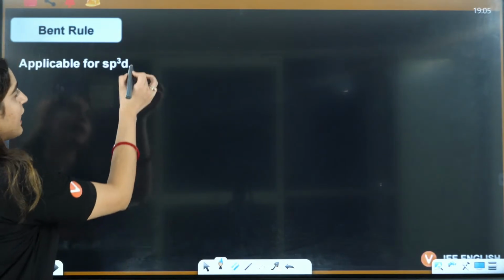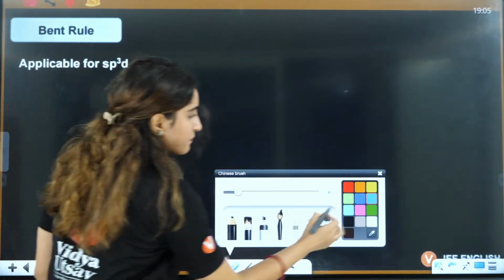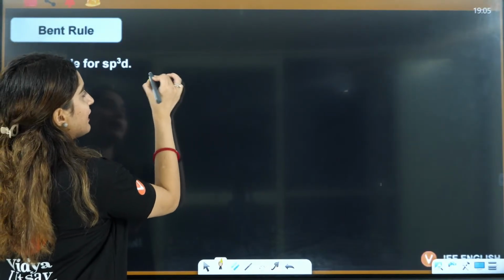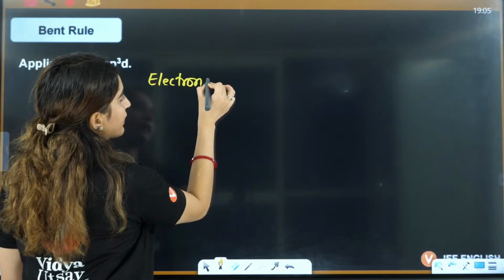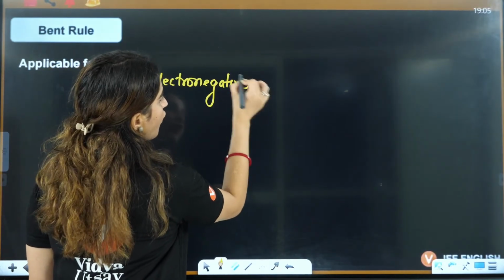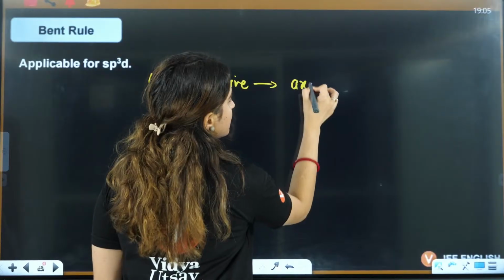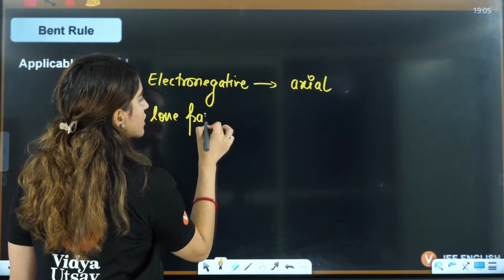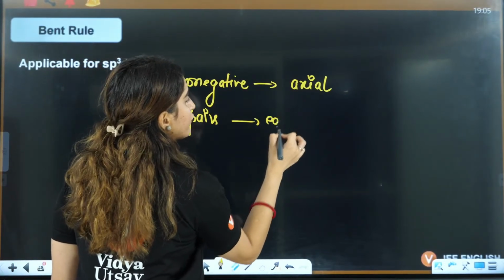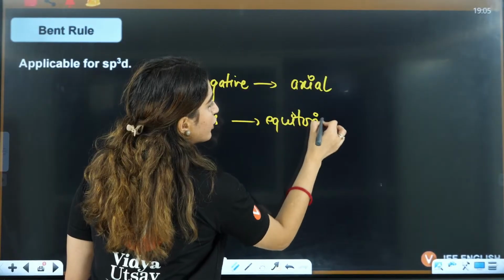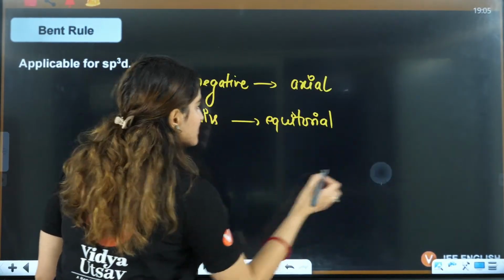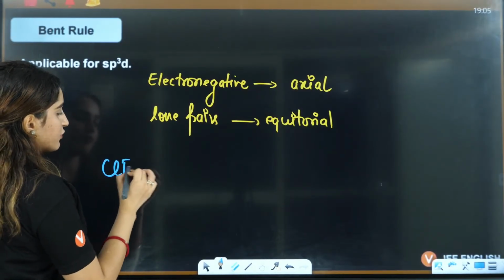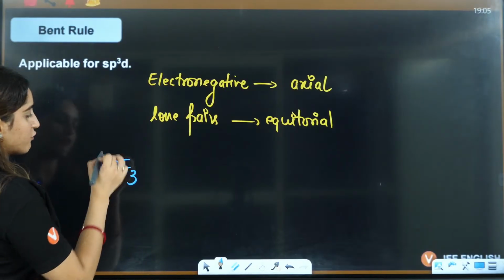So let's see the application. Now what is Bent's rule? Okay, let's understand that. Bent's rule is when we say that the electronegative element goes on axial and lone pairs on equatorial. So whenever you have, let's say, ClF3, in this you know that you have two lone pairs.